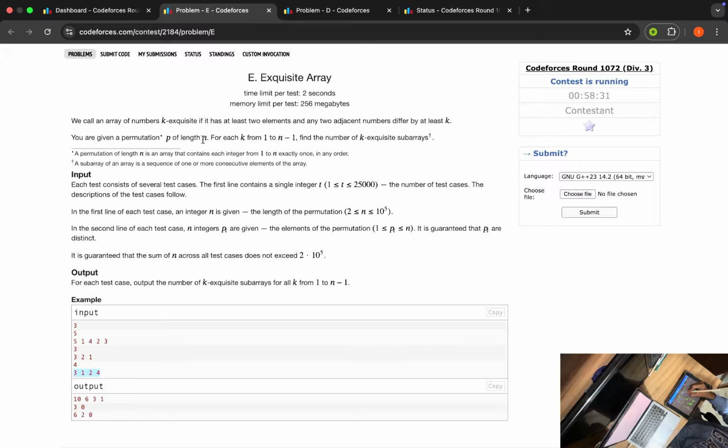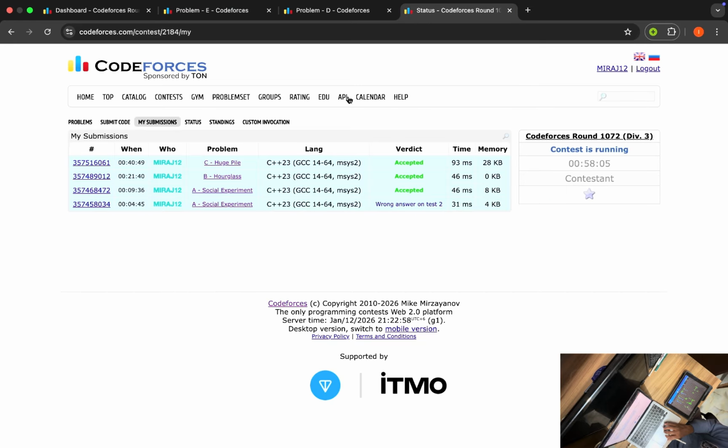Then 2 again at 3, where's the closest one? Okay, I think I should do them in range kind of stuff. Max range, I guess. Max range I can do.